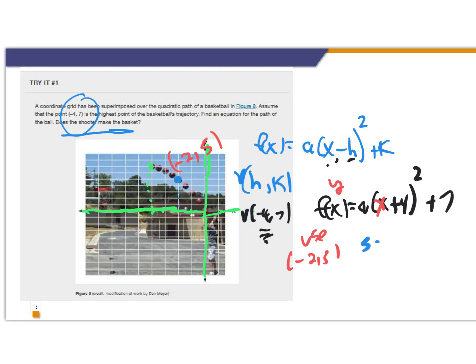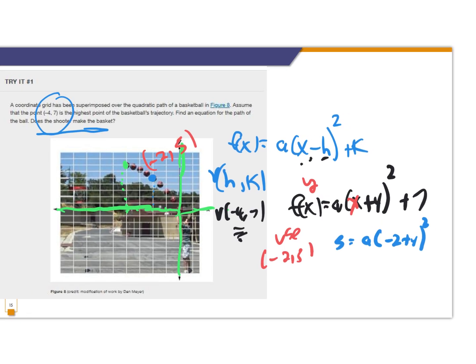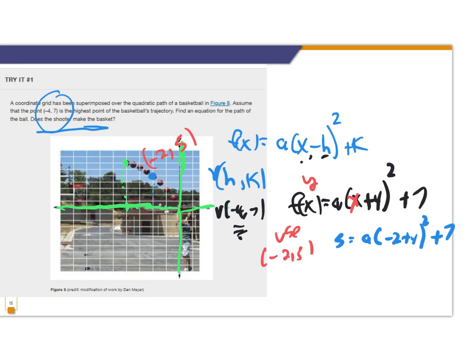5 equals a times x, which is negative 2 plus 4, all squared, plus the 7 outside. Negative 2 plus 4 is 2, being squared plus 7, and 2 squared is 4.